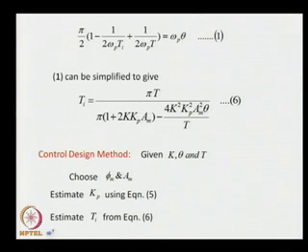Similarly, an attempt will be made to find one more expression to obtain the remaining parameter of the series PID controller. Equation 1 is known to us, which is nothing but pi upon 2 times 1 minus 1 upon 2 omega p t I plus 1 upon 2 omega p t equal to omega p theta.